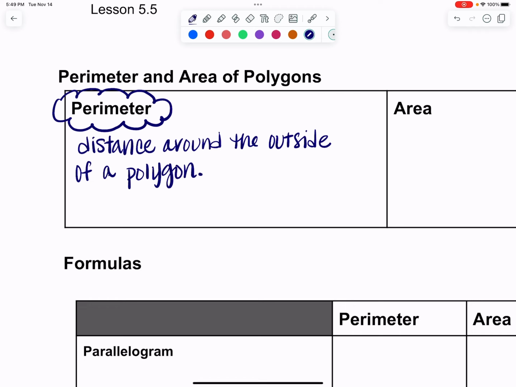That's all it is. It doesn't matter how many sides it's got. It doesn't matter what kind of polygon you've got. You are going to find the distance around the outside.